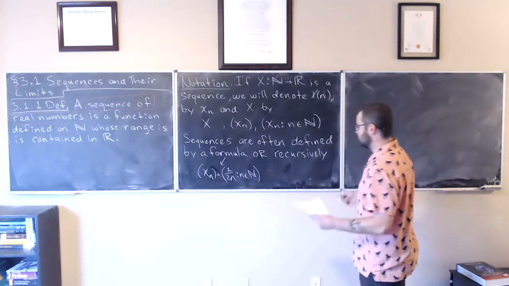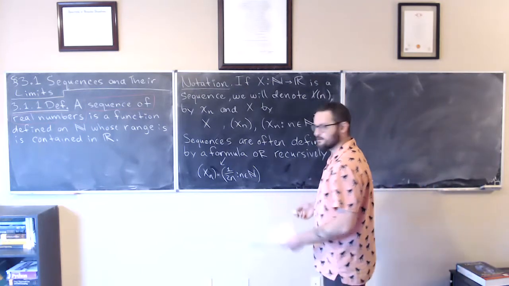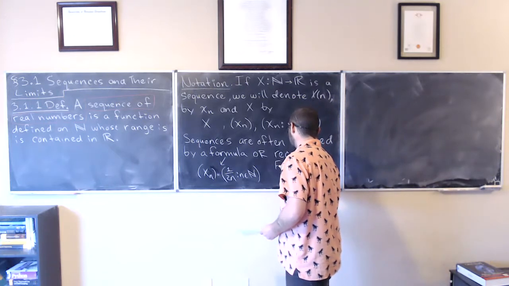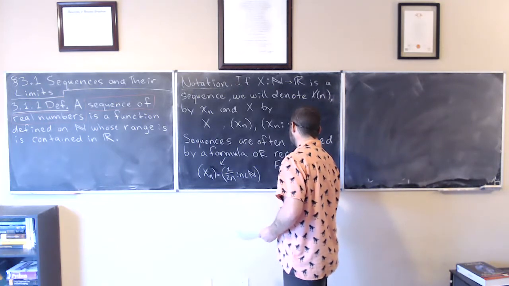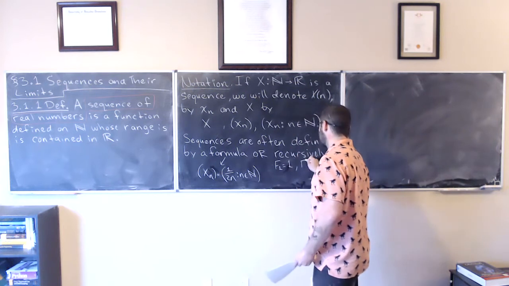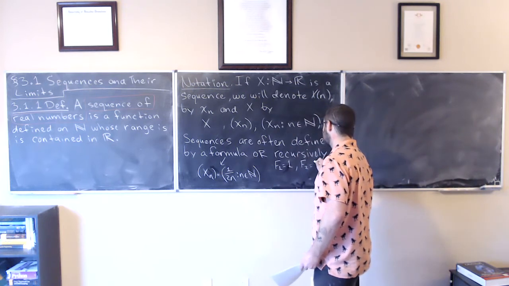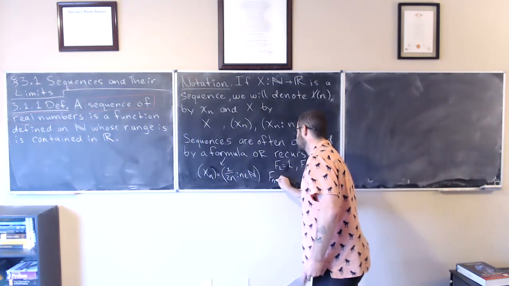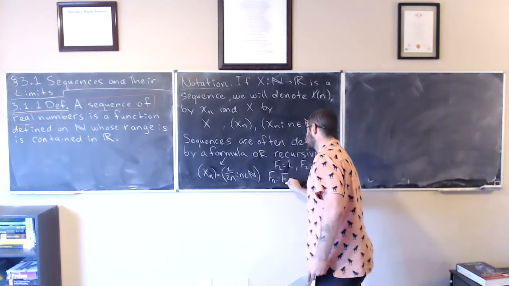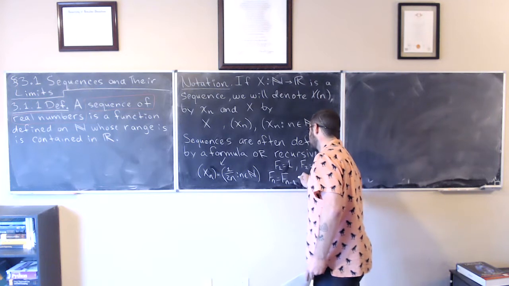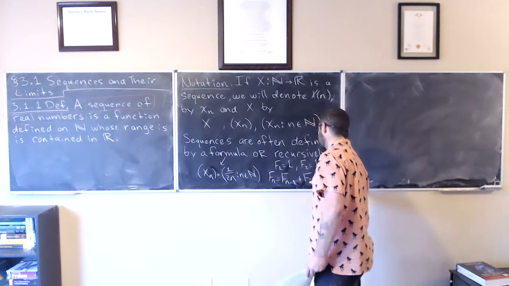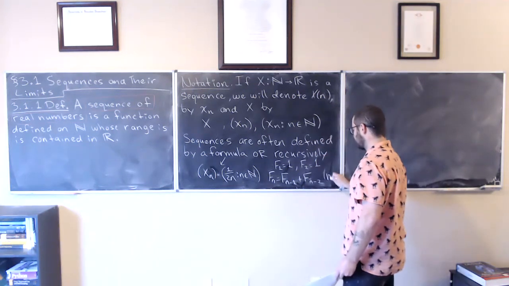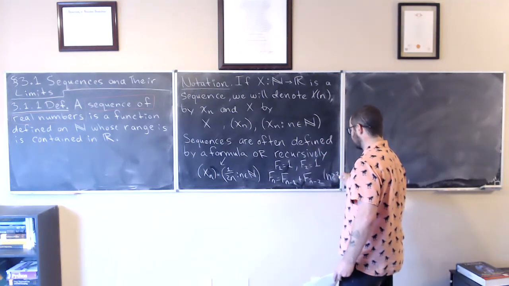Recursively, you can think of something like the Fibonacci sequence, where f_1 is equal to 1, f_2 is equal to 1, and then f_n is equal to f_(n-1) plus f_(n-2), for n greater than or equal to 3.